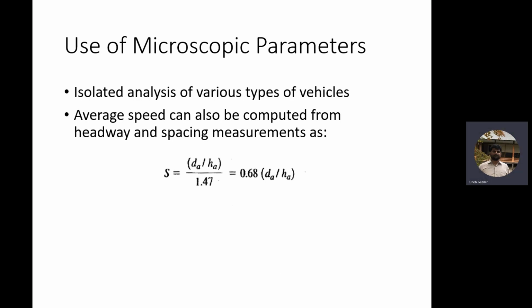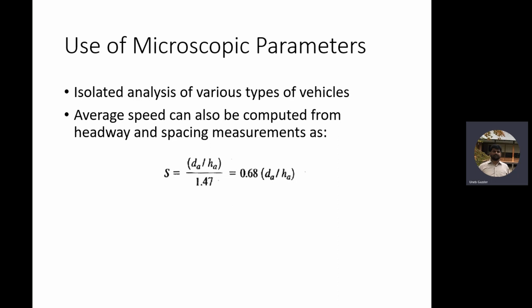So here is another equation by which you can calculate a macroscopic parameter using microscopic parameters. HA is what? Average headway, and DA is what? Average spacing. Now spacing is distance, right? Distance between two cars or two vehicles.